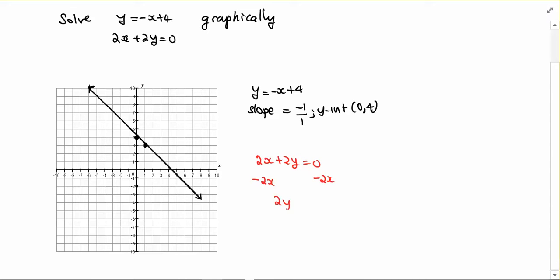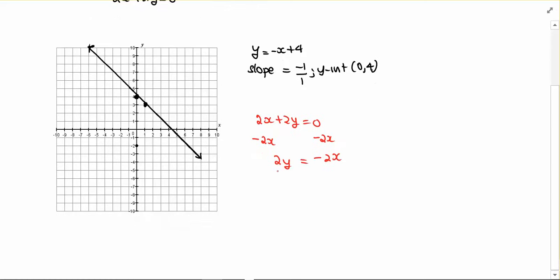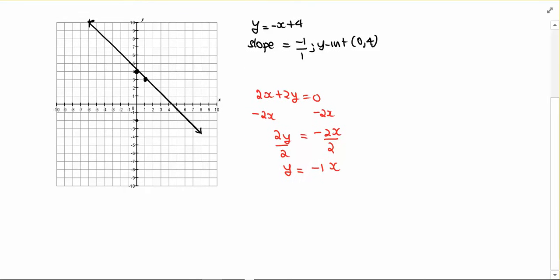So we have 2y is equal to minus 2x. And I divide by 2. I get y equals minus 1x. So that means the slope is minus 1. The y-intercept, this is interesting. So what we have here is 0, right?